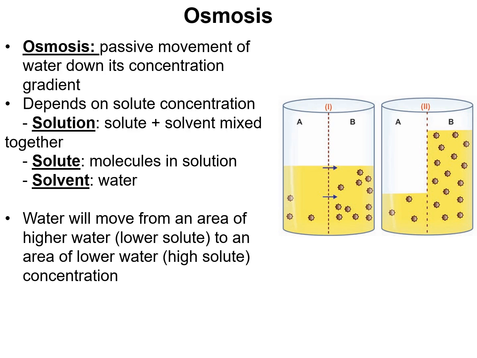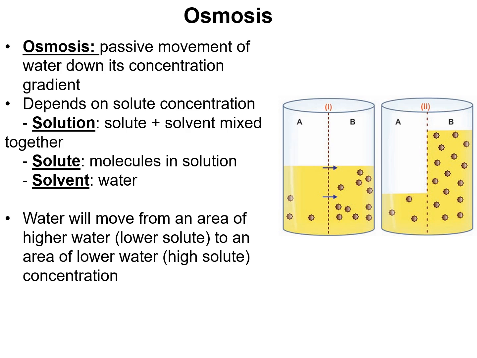If you take a look at this picture, we have a semi-permeable membrane that is only permeable to water. In compartment A, we have 3 solutes, and in compartment B, we have more solutes.